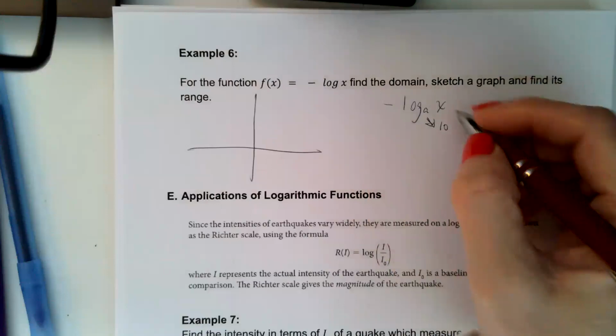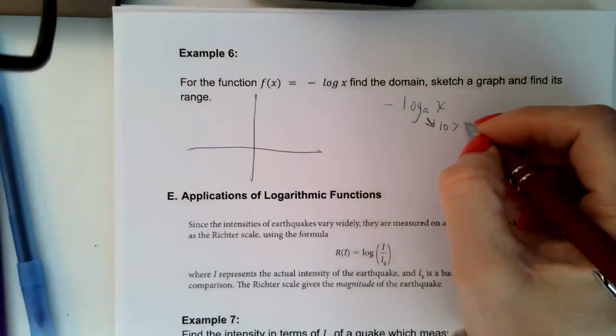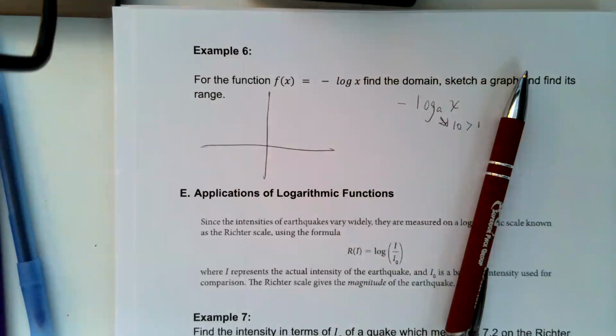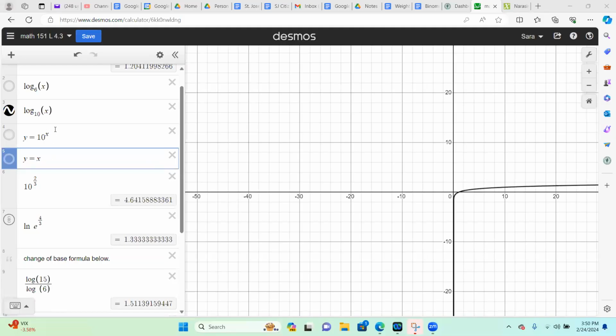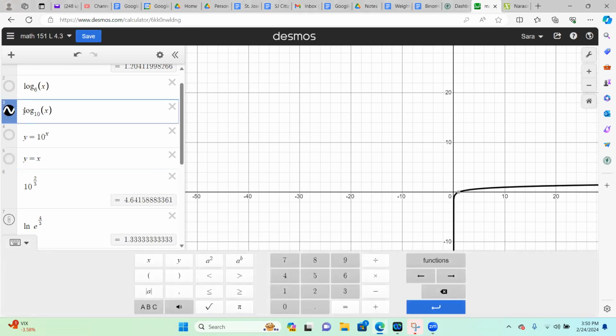So A is 10, which is greater than 1. But it's negative out in front. So that is going to look like, let's go ahead and just put this here. It's going to be a decreasing function.